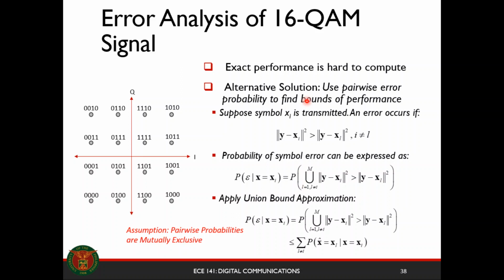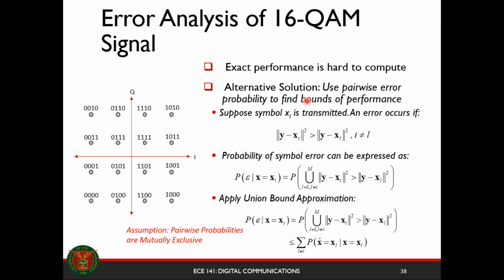So if you are an engineer designing a communication system, you're not really interested in the exact performance of your system. You can use approximations to compute for the worst case scenario. And this is what this slide is doing.